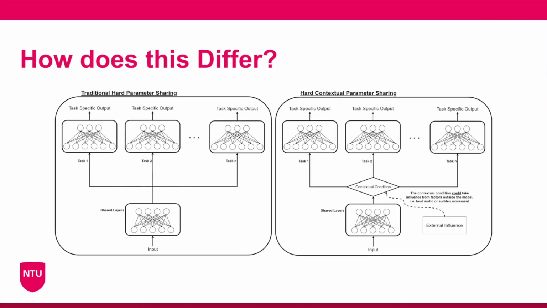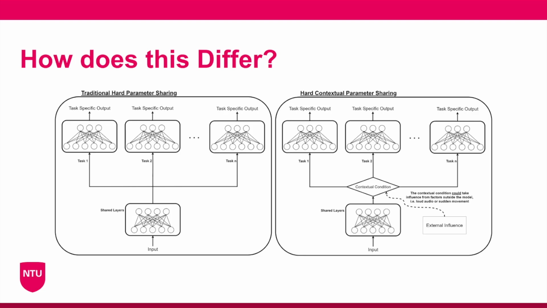So I mentioned multitask learning earlier, and a subset of multitask learning is hard parameter sharing, as seen on the left there. So how does this differ from hard parameter sharing? You can see that this is hard contextual parameter sharing. So we've added in the individual contextual component because hard parameter sharing runs all individual tasks all the time, and it's not feasible to do this on a microcontroller as it stands.